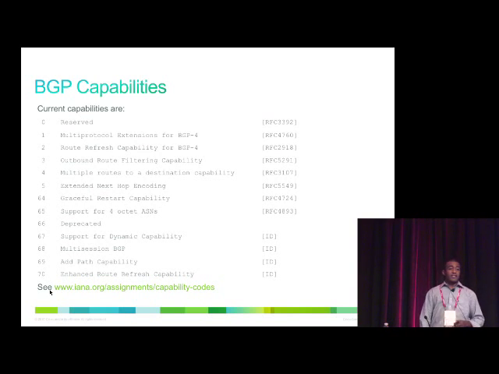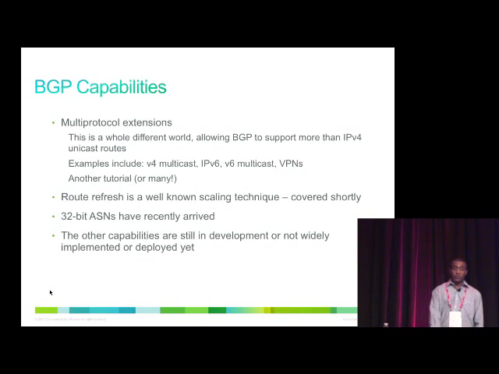So these are the different BGP capabilities. 0 is reserved. 1 is multi-protocol extension, and you can see the list. We'll go through each one of them, so I'll go to the next slide. So the multi-protocol extension, in your case, in this room, BGP is used mostly for IPv4 unicast.